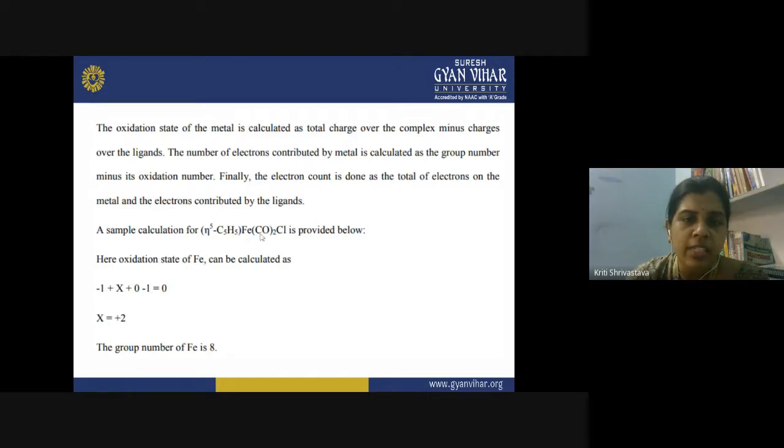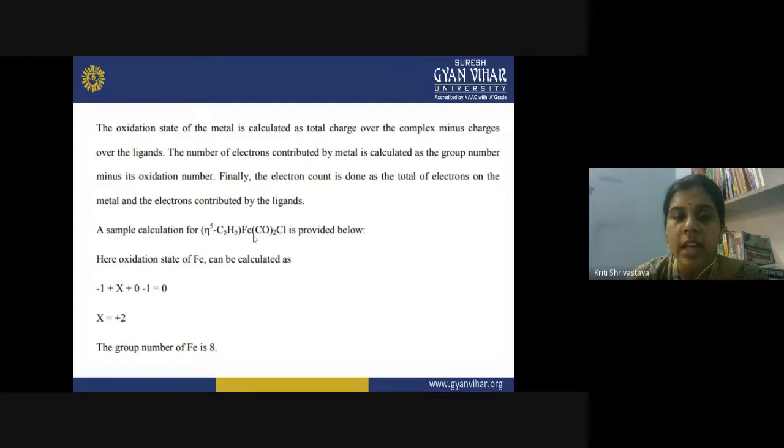So if you can see that one minus charge is present on the cyclopentadienyl and one minus charge is present on the chlorine, that is chloride. So a total of two negative charges are present, but the overall complex is neutral. The total charge on the complex is zero. So how is it possible? It is possible only when your iron atom is having a 2 plus charge.